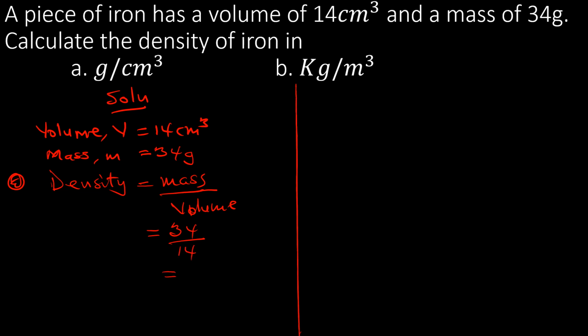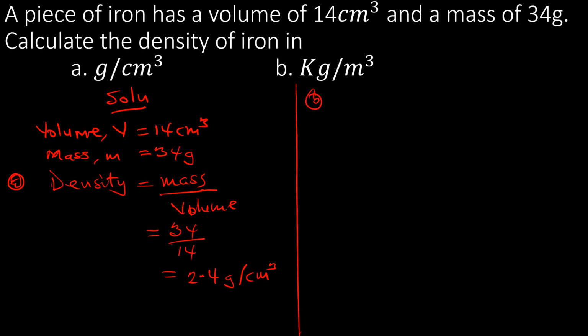So 34 divided by 14 will give you 2.4 grams per cm³. Okay, let's move on to B.